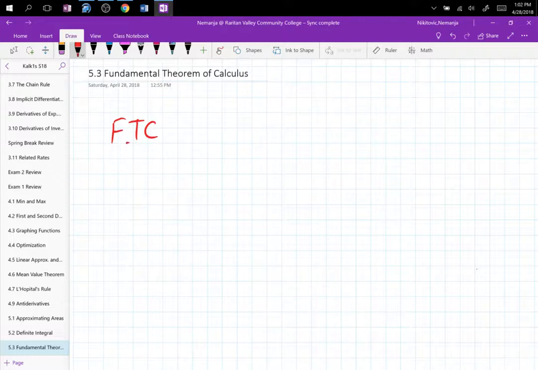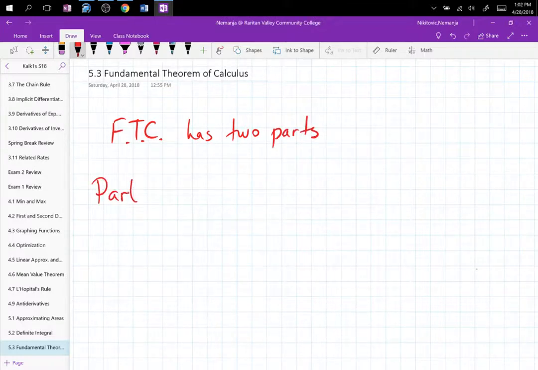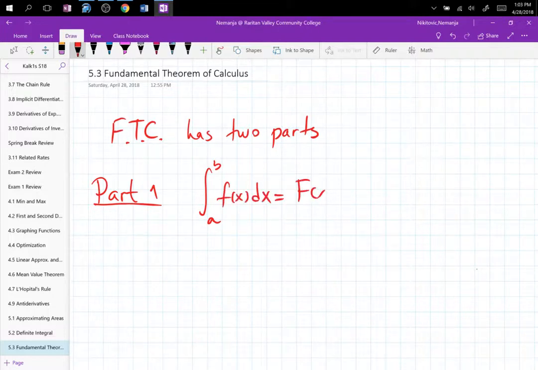So FTC, the fundamental theorem of calculus, has two parts. Part 1 you already learned. The integral from a to b of f of x dx is any antiderivative F of x computed from a to b, which is F of b minus F of a. And that one returns a number.